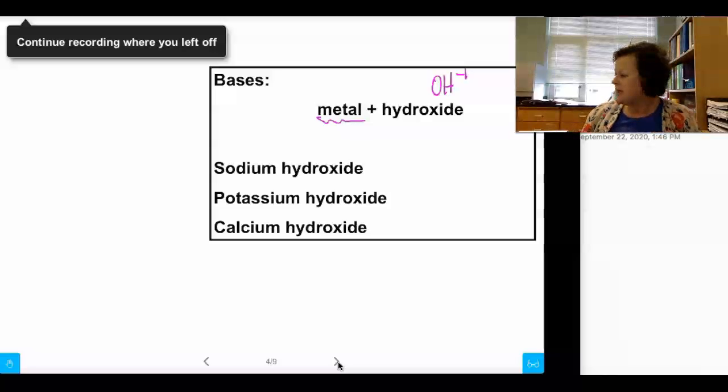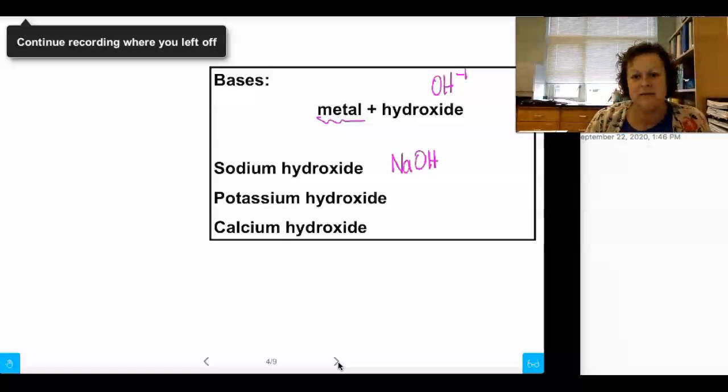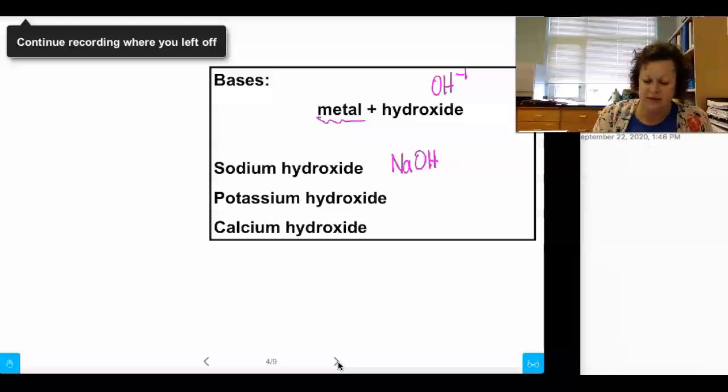Sodium hydroxide is a common base. What is the formula? You should know how to write that now, based on this unit. Based on the polyatomic lesson that we did, lesson number 2, you have a metal, you have a polyatomic ion, you should be able to write the formula for a base.